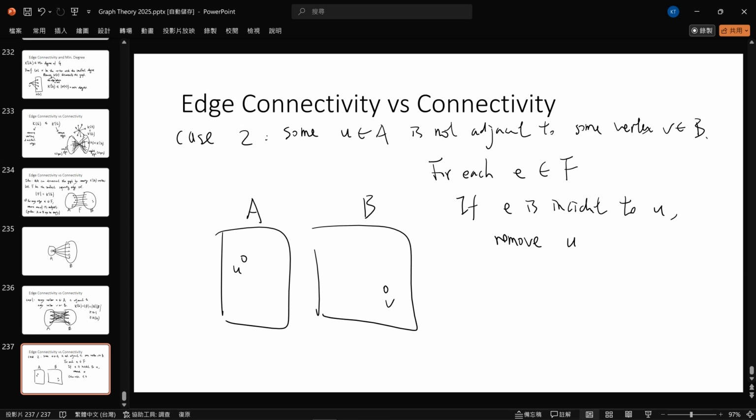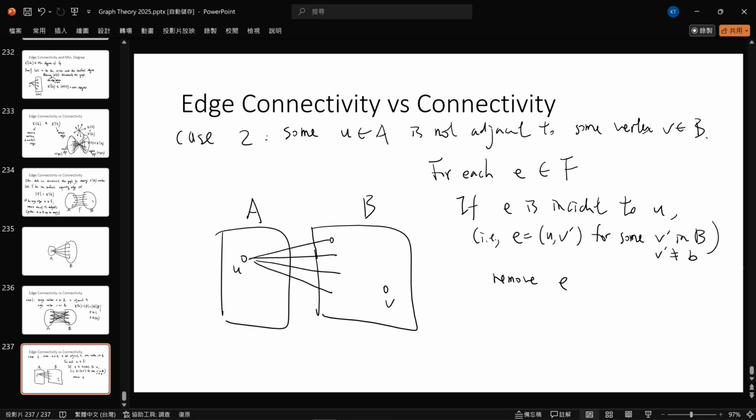Let me first explain this first case. So the first type of edges in F that we're going to consider is edges where one endpoint is u.